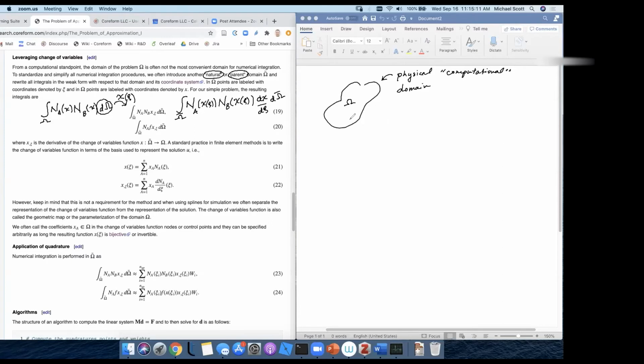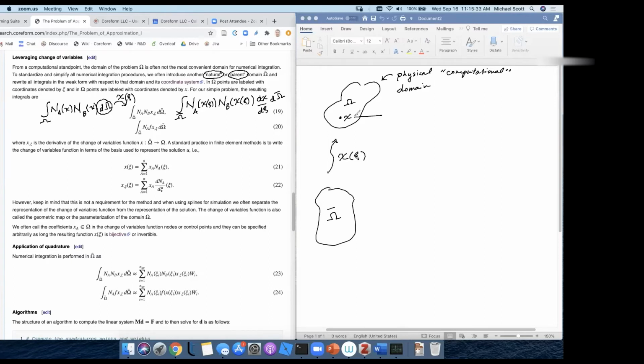Okay. And what we're saying is that there exists some function, we're calling it x of xc, that takes omega bar. Okay, and so let's take a point up here in omega, we're denoting by x.